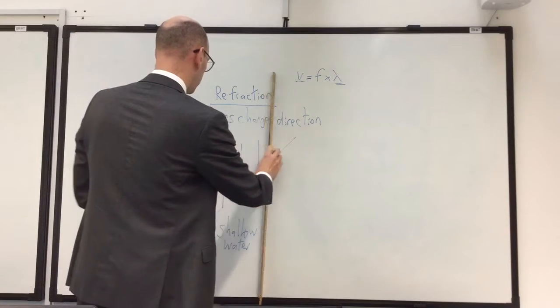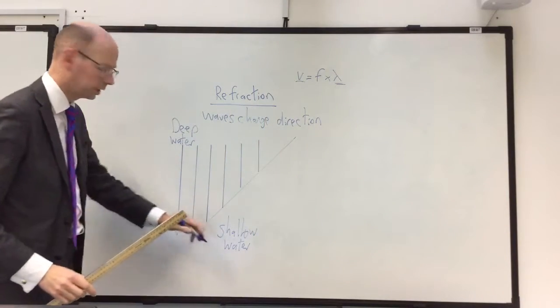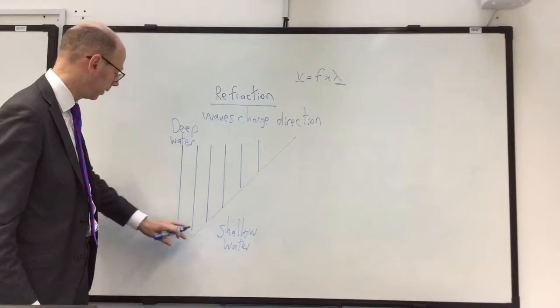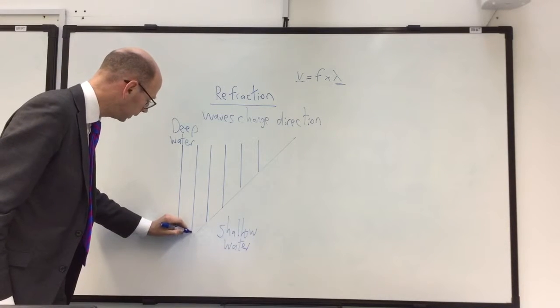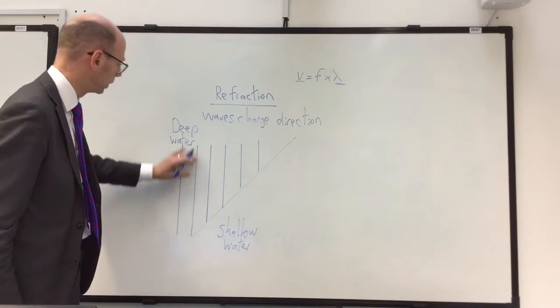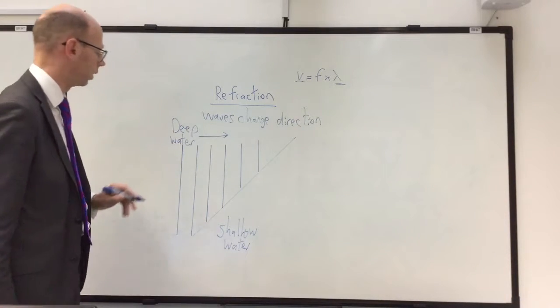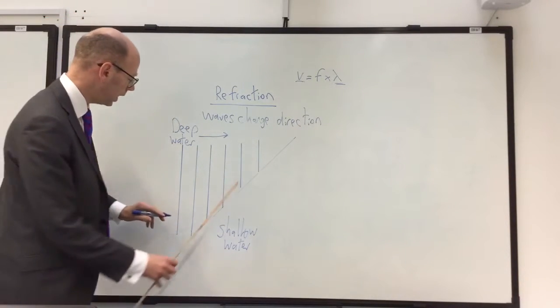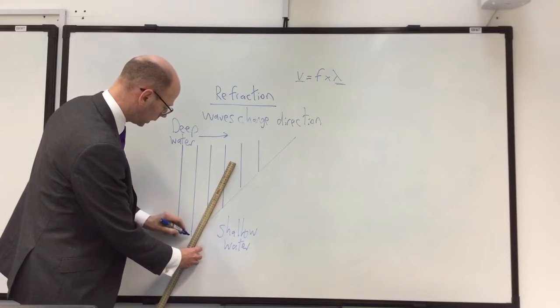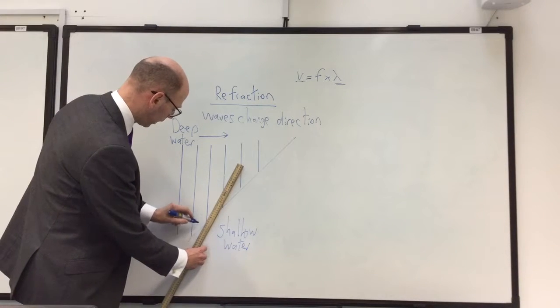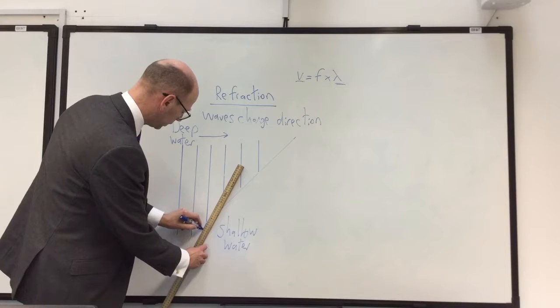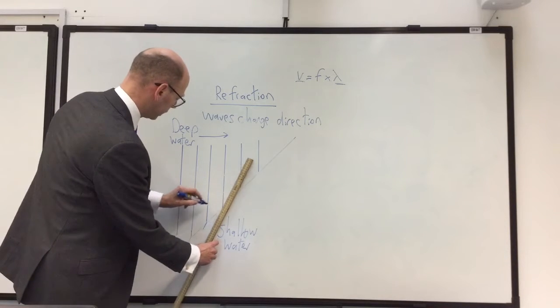so that part of the wave is going to hit the shallow water first. This part at the bottom here is going to hit the shallow water. These parts up here are still going to keep travelling in the deep water. So they're going to carry on in that direction. But down here, when they hit the shallow water, they start to slow down, and therefore they get to lag behind the other parts of the wave.